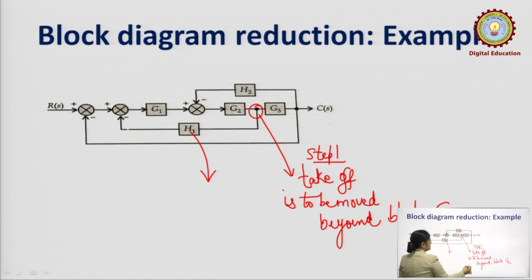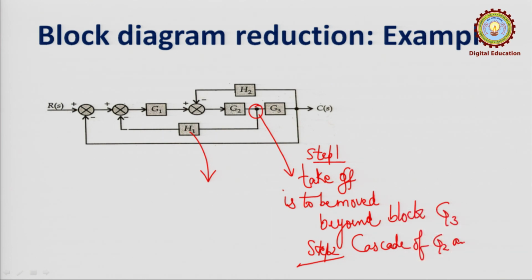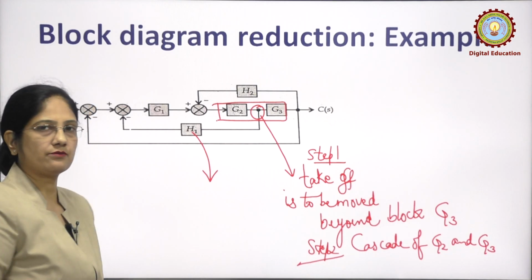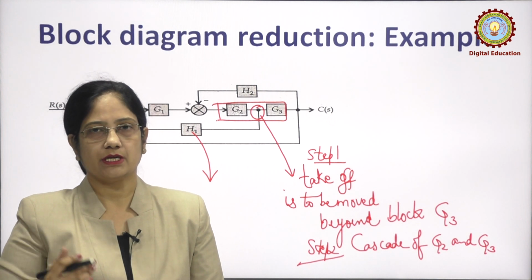Once this is done, step 2 is the cascade of G2 and G3. Once this has become one complete block, then in the feedback loop we have the value H2. H2 will be in the feedback path.